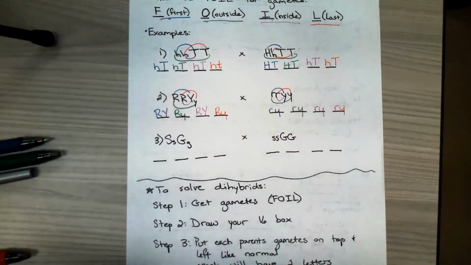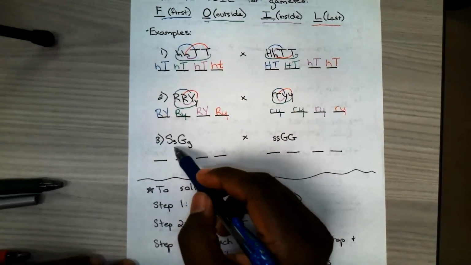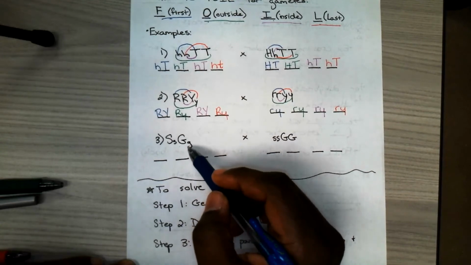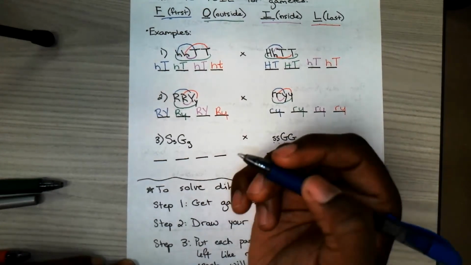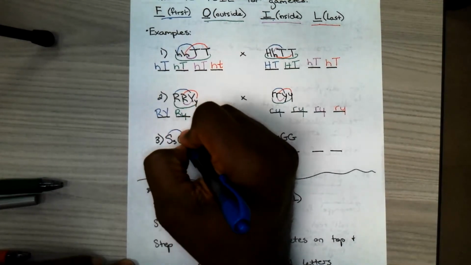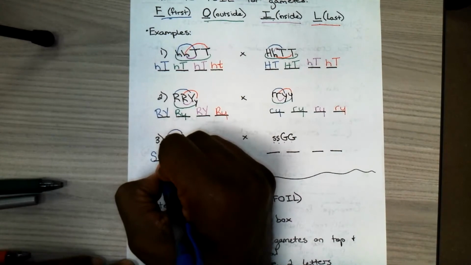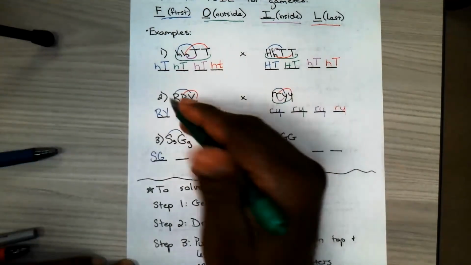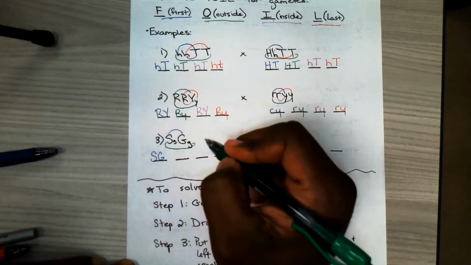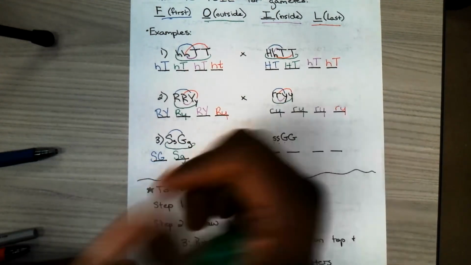Let's do one more just to make sure we got it. So now we're crossing big S, big G, with little s, big G, big G. So we're going to go first here. Gives us big S, big G. We're going to go outside here. Gives us big S, little g.